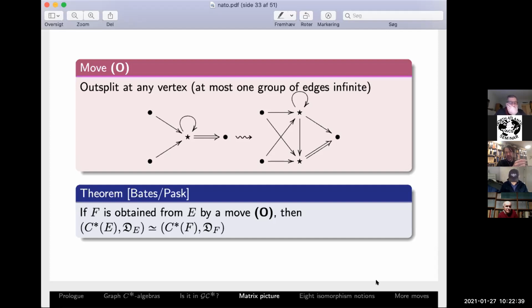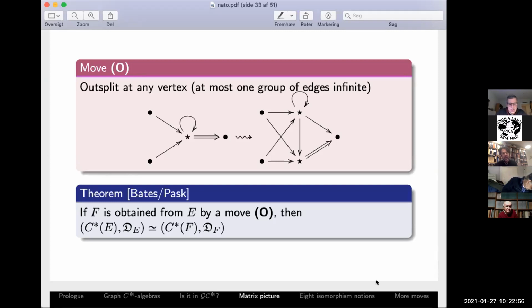Let's see, I used to have an edge, and now I've taken the incoming edges and split them up into two incoming edges, because of this duplication.